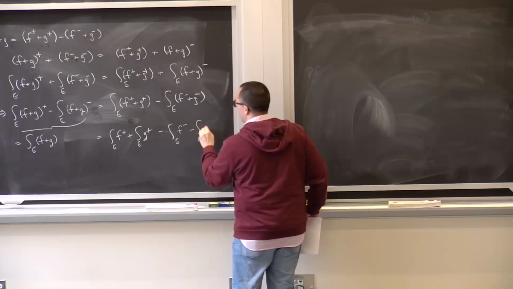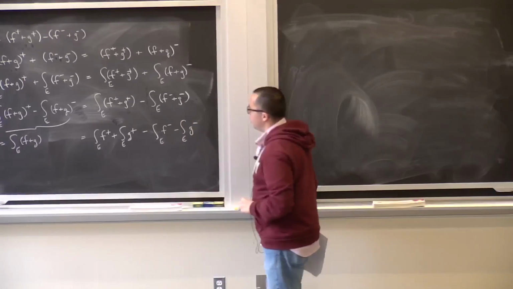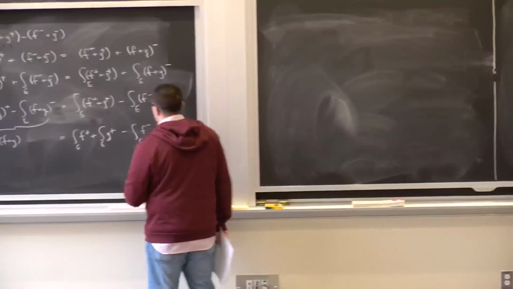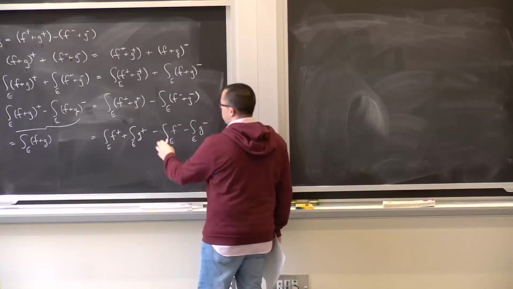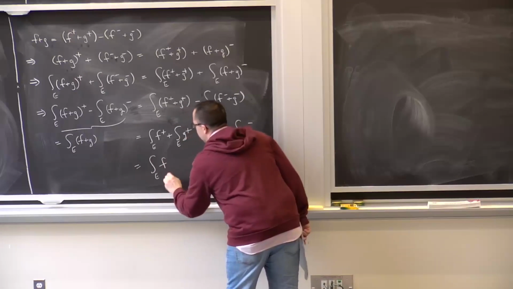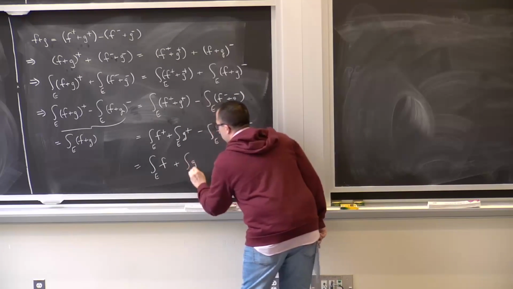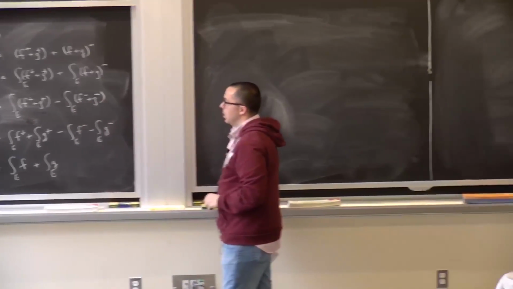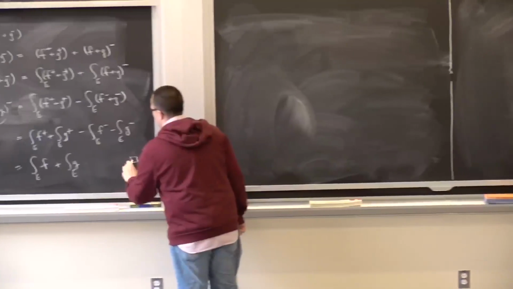So you see here, all we're using is linearity for a sum of two non-negative measurable functions. And this is just, again, by the definition of the integral, the sum of the integrals. Okay?